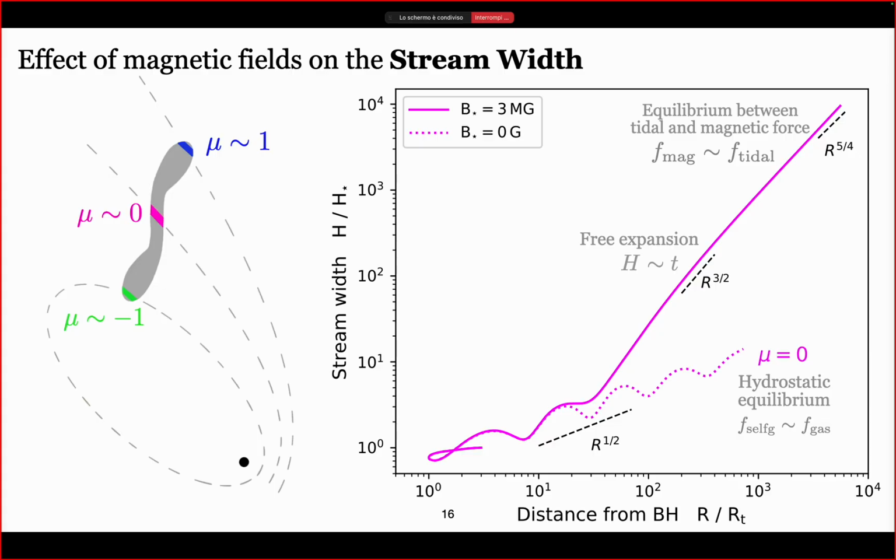So the reason why we have oscillations is because the hydrostatic equilibrium is not a perfect equilibrium, and that's because when the star approaches the black hole, the tidal force excites perturbations, which then propagate. I don't really know about the timescales. That must depend on the properties of the stream.